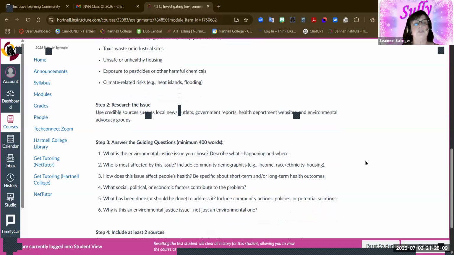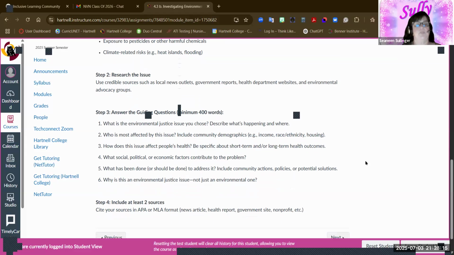And then using specific credible sources, government reports, health department websites, you're going to answer these particular questions. So again, talking about what is the environmental justice issue, what's happening where, who's affected by it. So you have to look at some of this information and figure out which demographic group is affected by this, and how is it affecting their health.